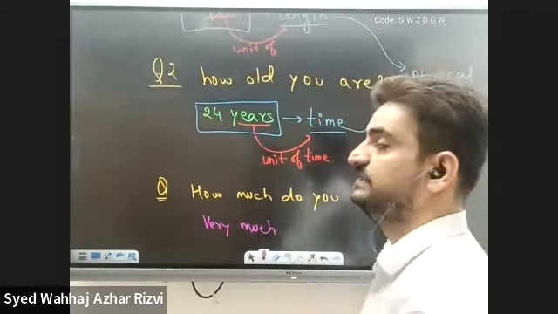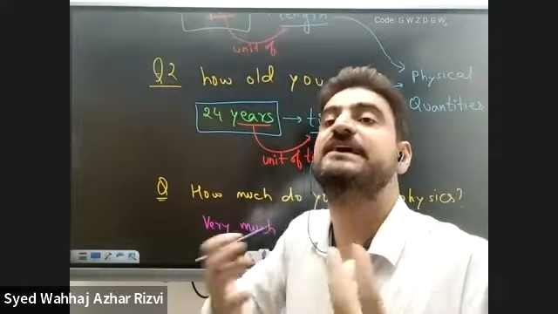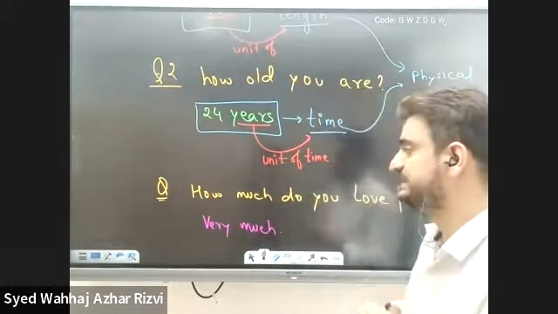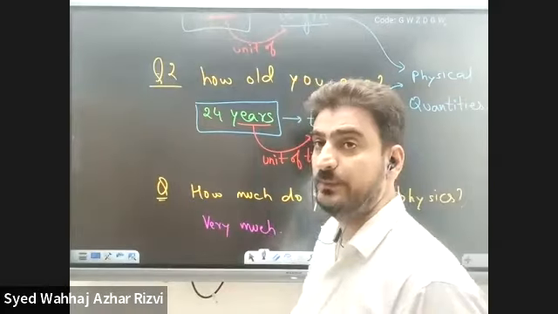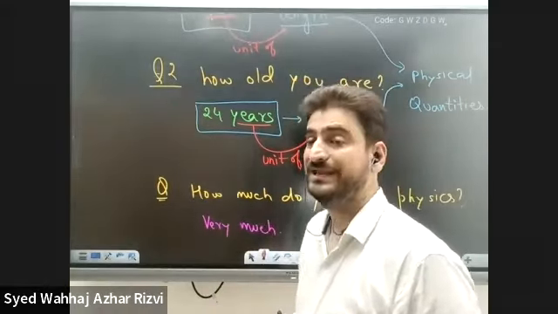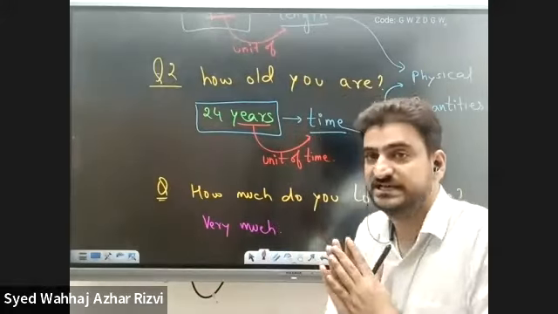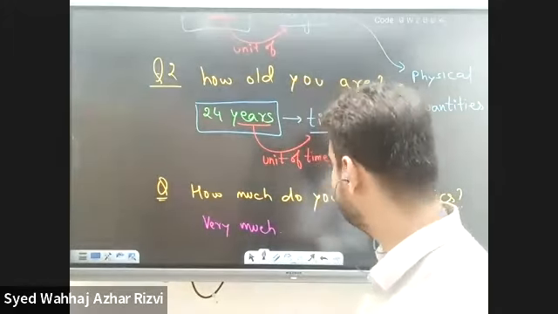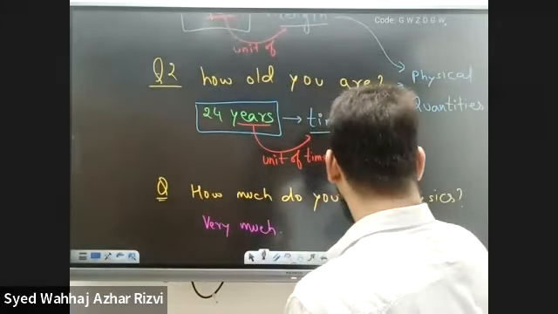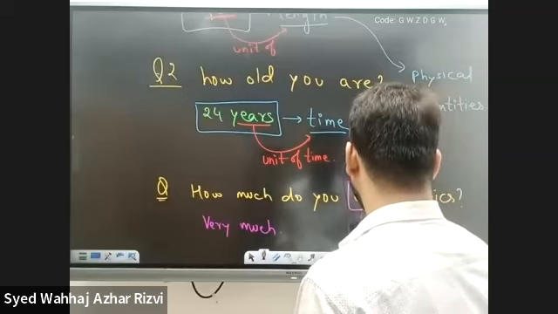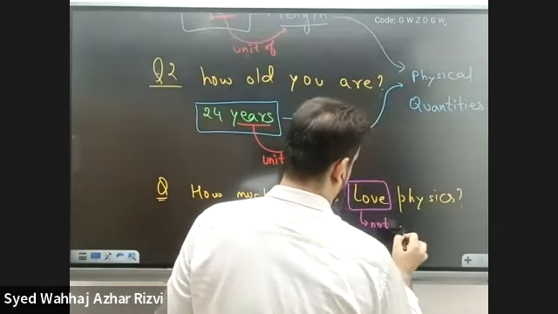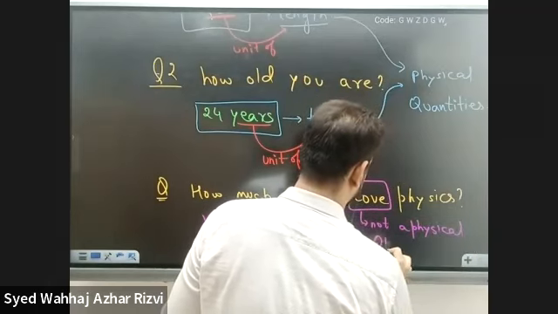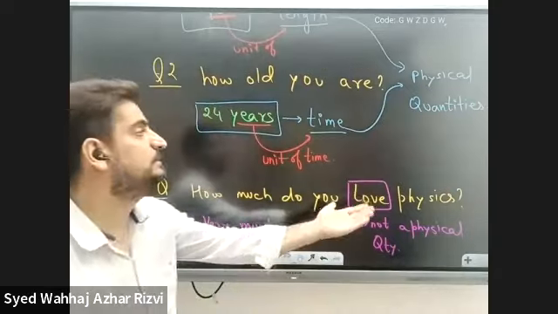Does that make any sense? It does not. We can say very much, we can say not that much, we can say I don't love physics at all, but I can't really put a value to it. That is why love is not a physical quantity, because we cannot really measure love.